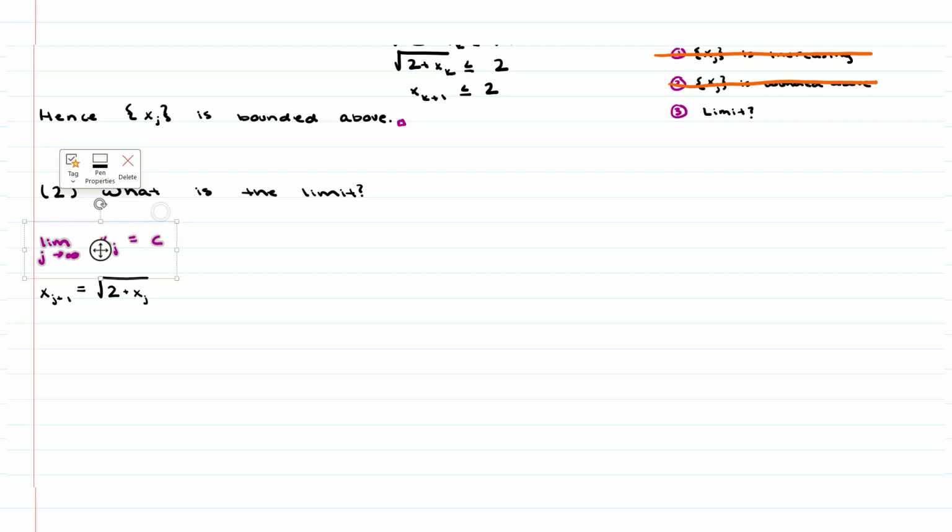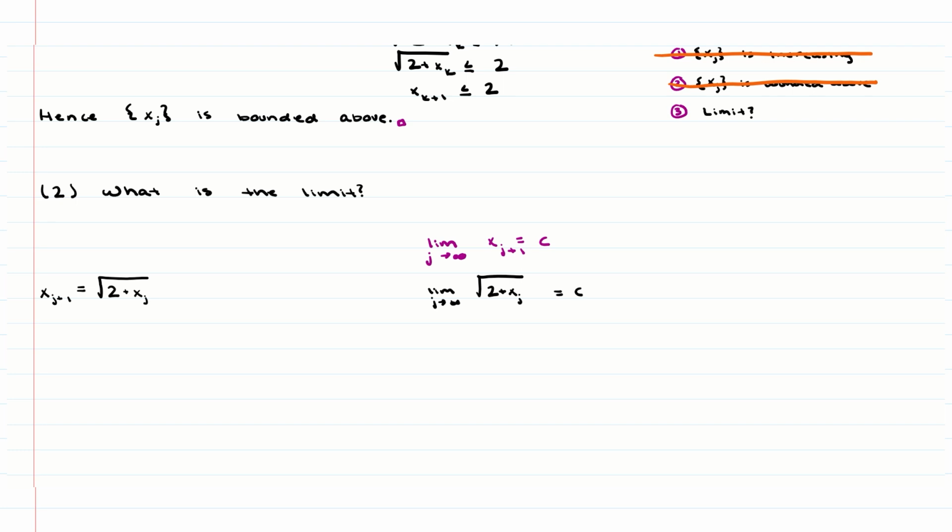So in order to find the limit of x sub j, we're going to evaluate the limit of x sub j plus 1. And of course, this means that we're evaluating the limit as j approaches infinity of the square root of 2 plus x sub j. And essentially, we can say that f of x equals the square root of 2 plus x.